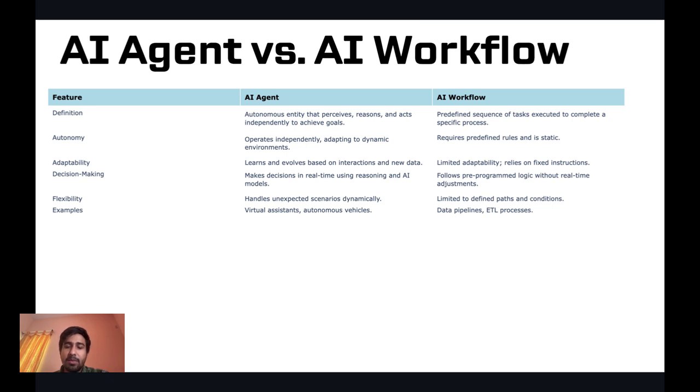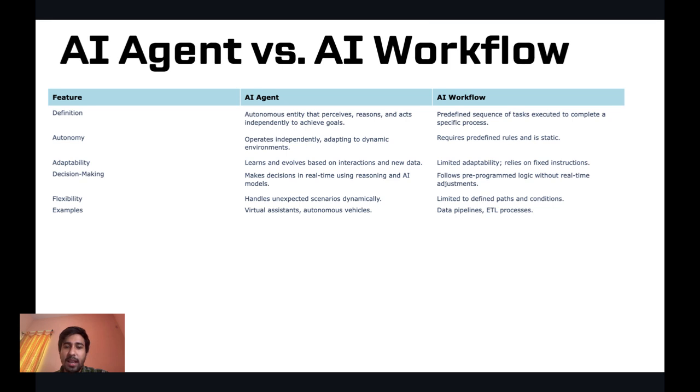So it will have some if-else based rules or some instructions. Based on the instructions, it will perform the work. An AI agent makes decisions in real time using reasoning and AI models, but AI workflows are pre-programmed. So there will be some pre-programmed logic without real-time adjustment, and that logic will be used to perform the task.